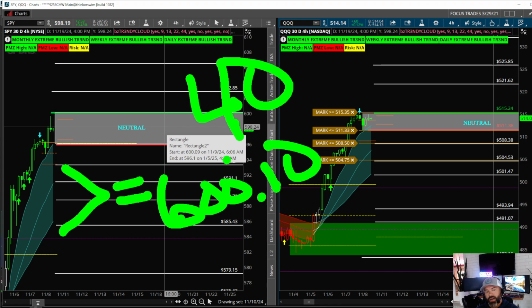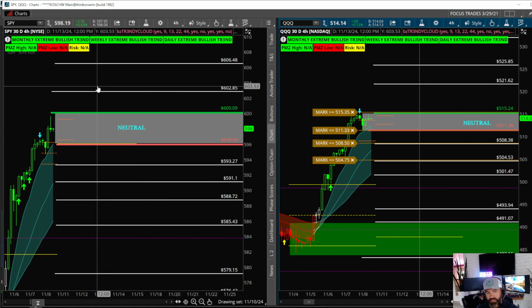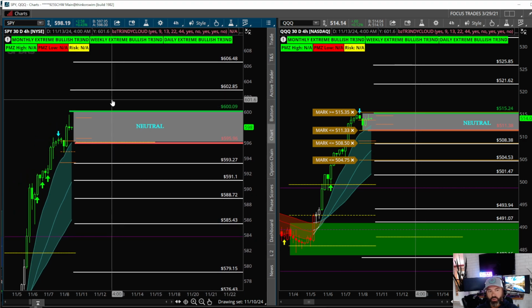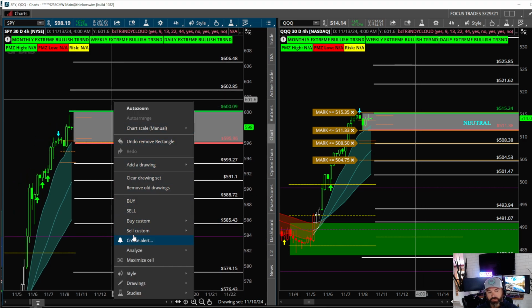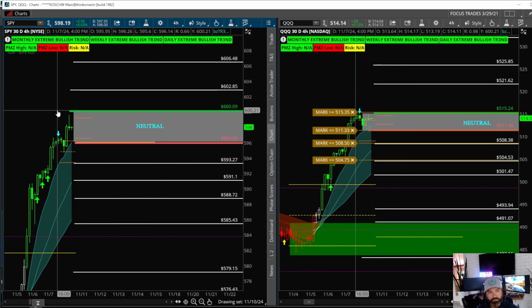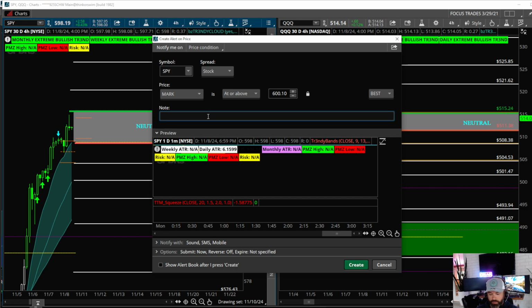That means you're going to buy this when it's at 602, not 600. So please pay attention to the futures. Very, very important. But what I can do is, again, create your alerts here, guys. At or above. Long setup.